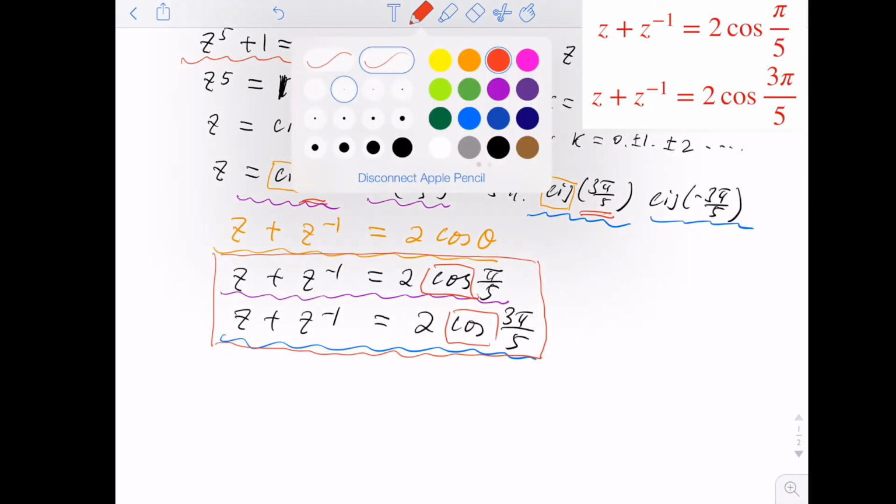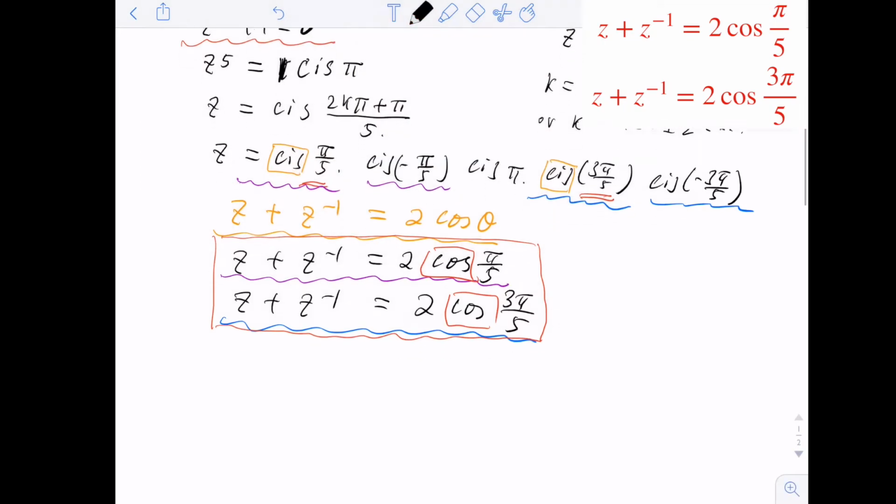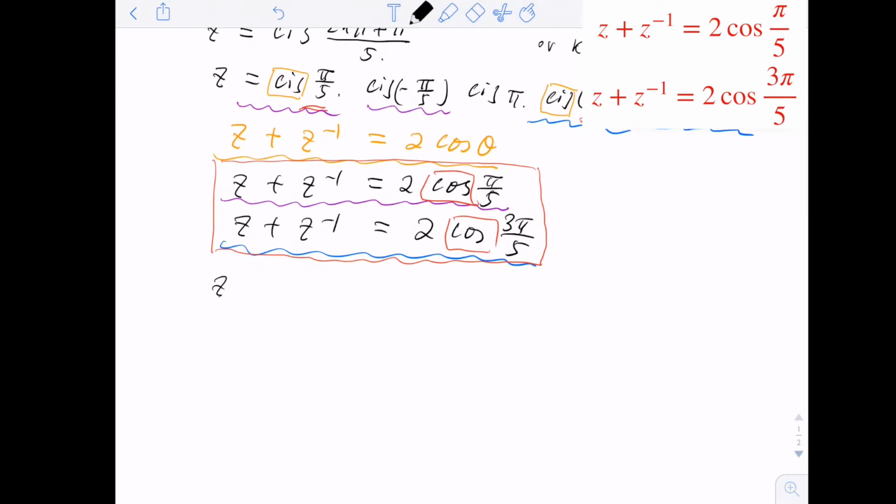Okay, so the polynomial way: z^5 plus 1 equals 0. I'm going to factorize this into (z plus 1) times (z to the power of 4 minus z to the power of 3 plus z to the power of 2 minus z to the power of 1 plus 1) equals 0.